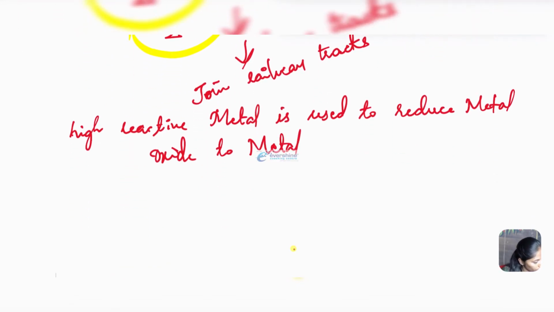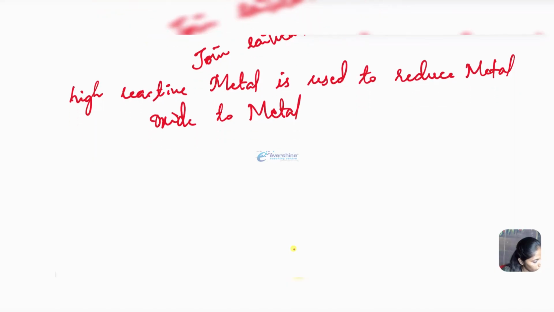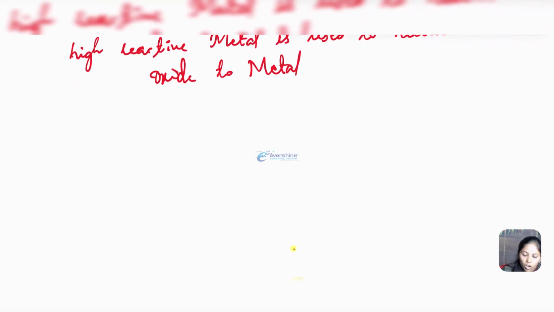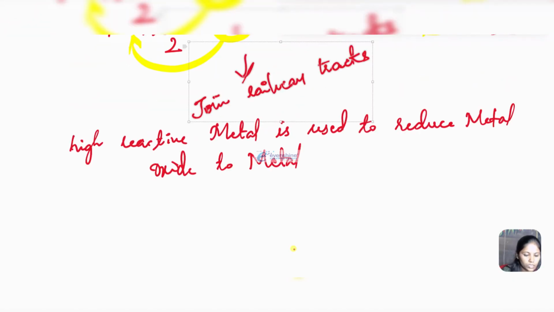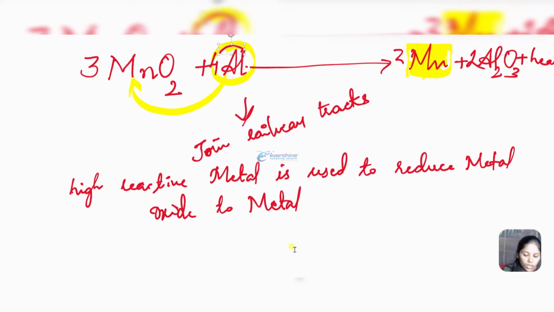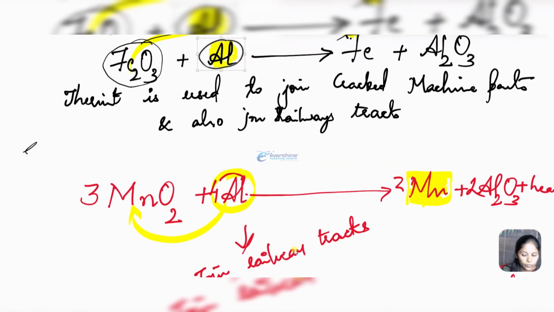You can see here oxidation and reduction both in this reaction. Which is oxidized and which is reduced in the above reaction? MnO2 is reduced to Mn, aluminium is oxidized to Al2O3. So this is an oxidation and reduction reaction, that means it's a redox reaction.